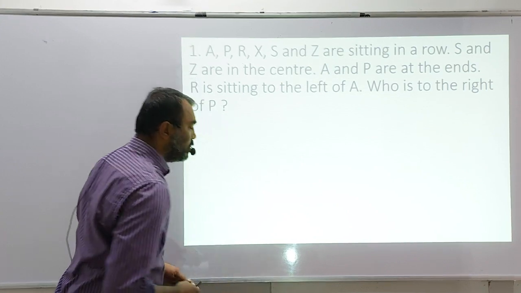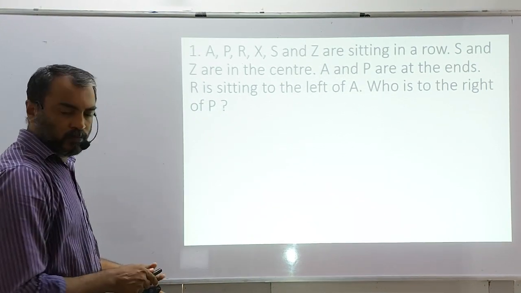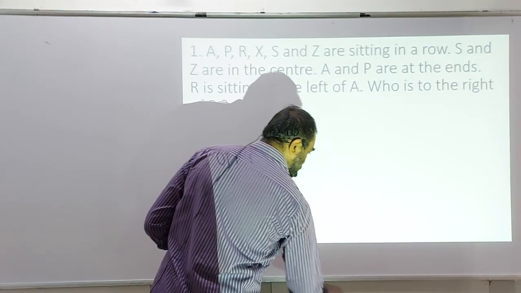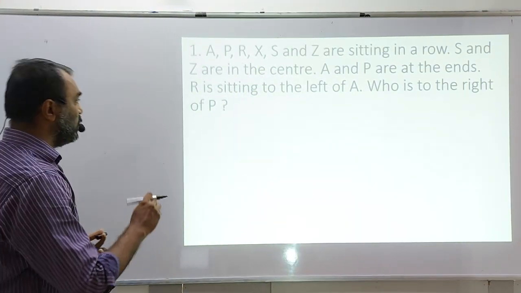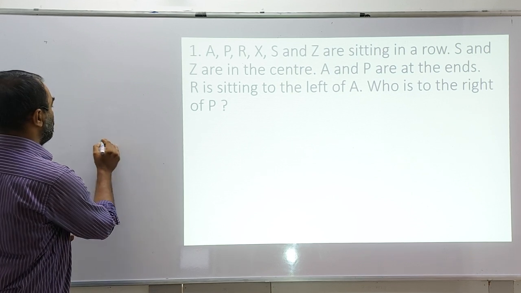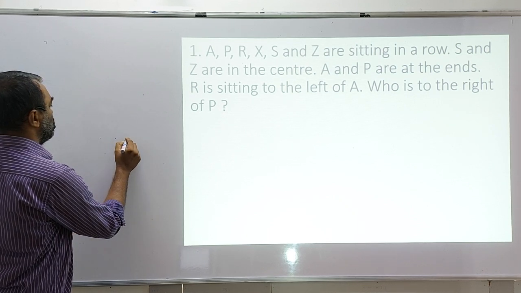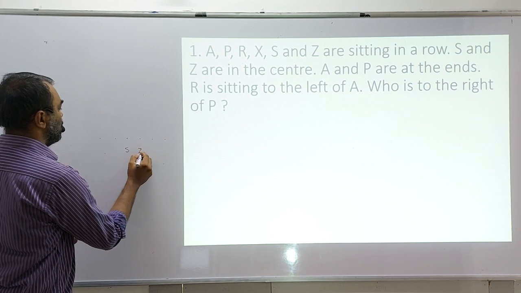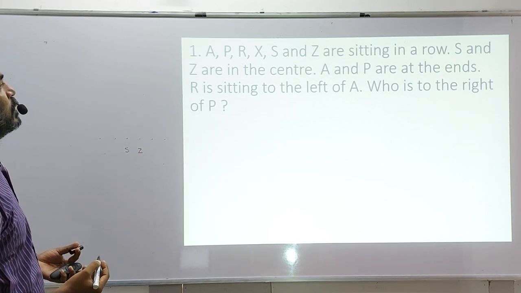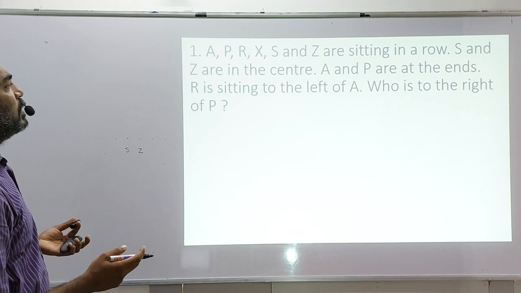So we will try to draw it on the board. Let us try working on that one. We have got 6 people sitting in a row. S and Z are in the center. A and P are at the ends.